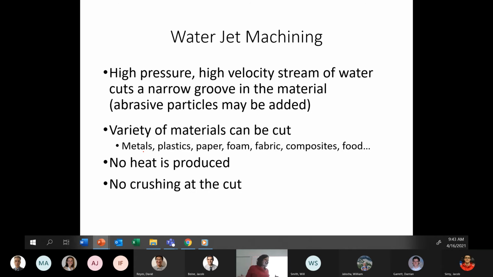That's how you get some of your pieces. Now, a couple of things. No heat is produced, so we don't have issues with surface integrity, and there's no crushing at the cut. That is specifically useful in comparison to shearing.